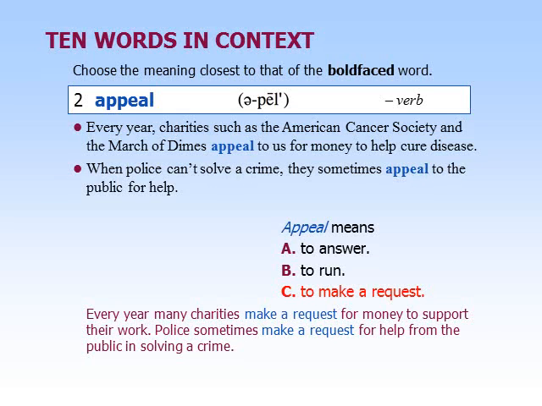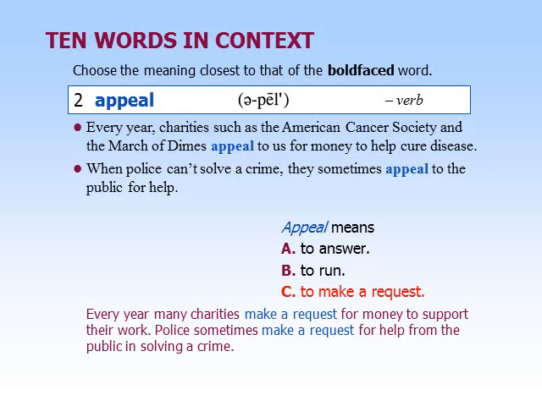To make a request means to ask for something, but appeal is like asking for help for something. So in the first example, the appeal that they're making is for money, right? And if you look at the structure in both of the sentences, we have the word appeal and then to someone for something.